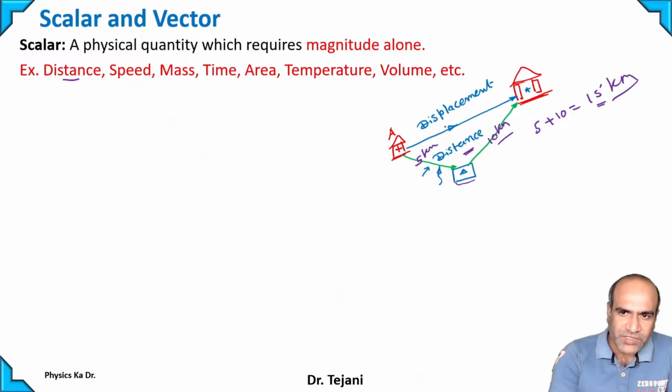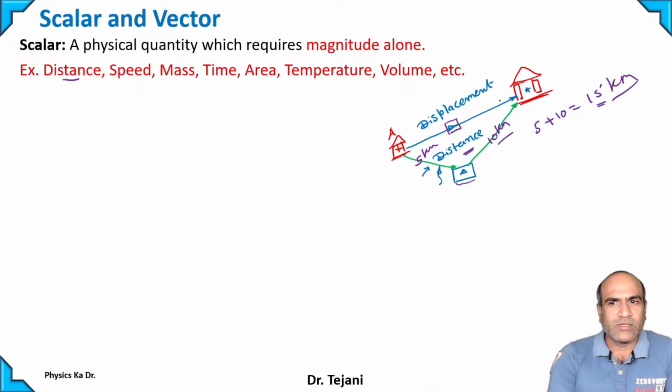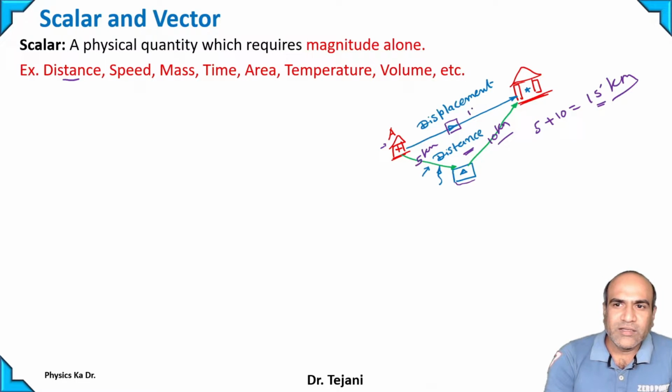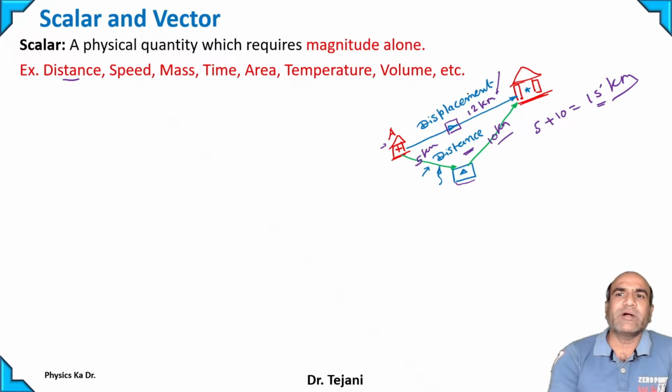But if she travels directly straight from home to school, say this total distance from home to school in a straight path is 12 kilometers, then this 12 kilometer becomes a displacement, and to travel with this displacement she needs a direction.